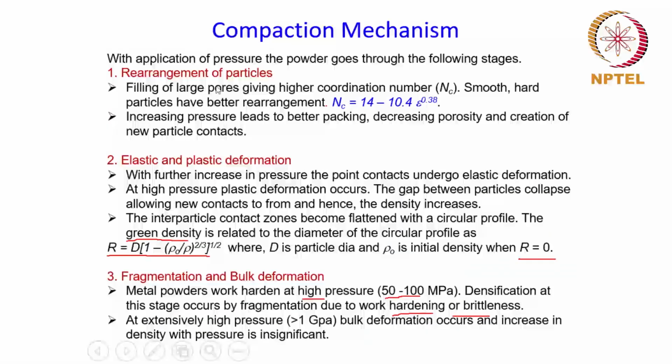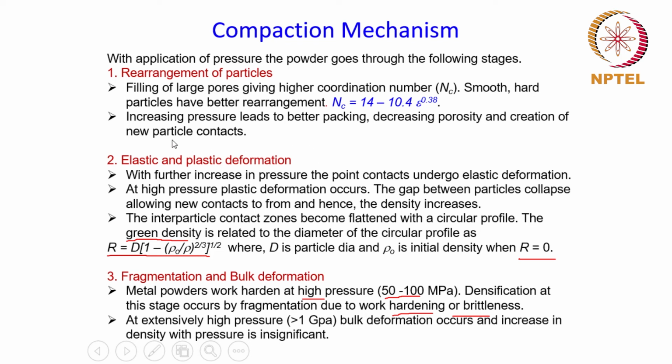And the details of each of these stages, as to what exactly happens during each of these processes, have also been discussed. Rearrangement happens primarily due to the fact that the powder particles pack together and new particle contacts are created between them.